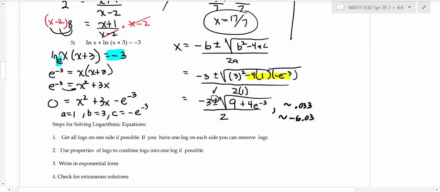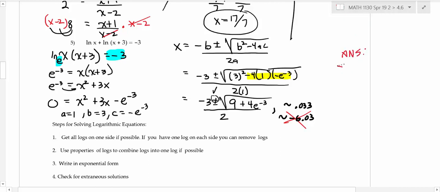Now let's look at why you have to throw the negative one out. That's because if you go back to the original problem, you would have ln of negative 6, right? So you would have to throw that out. So this one comes out. That's what we call an extraneous solution. So then the only answer would be this.